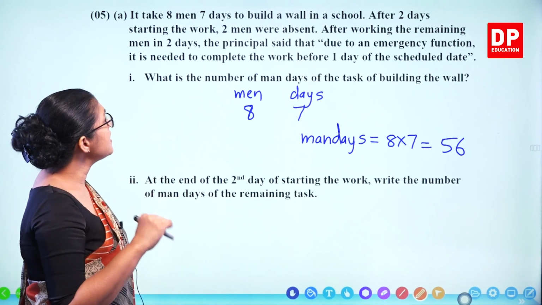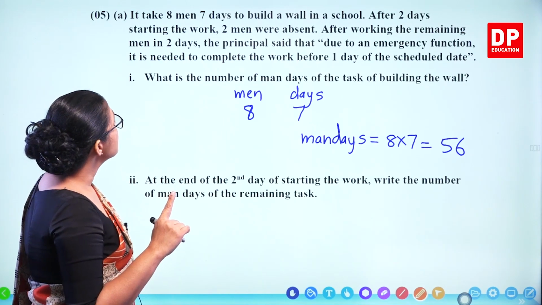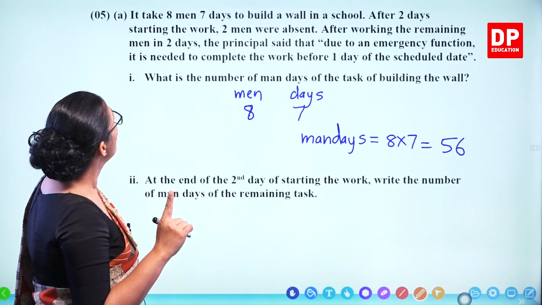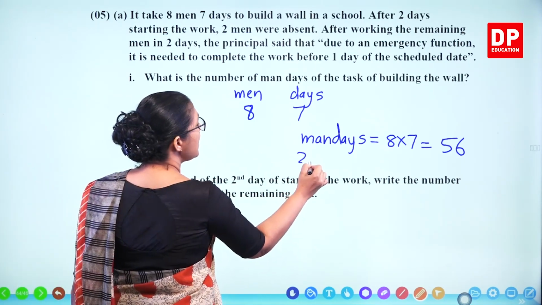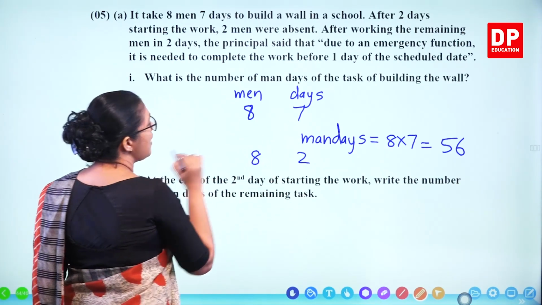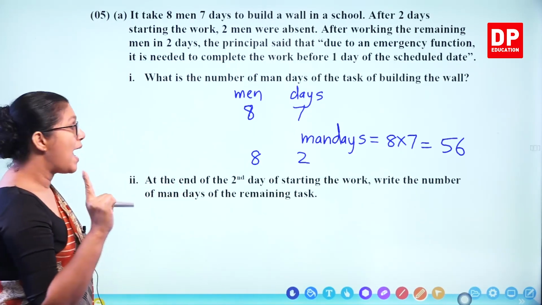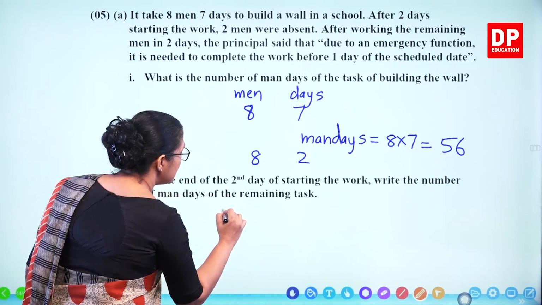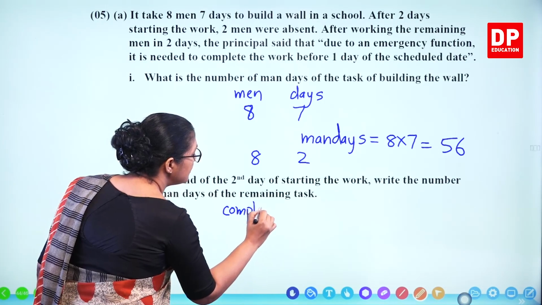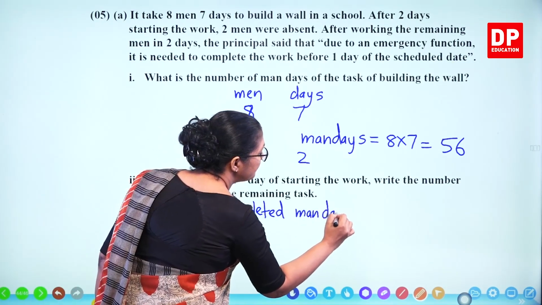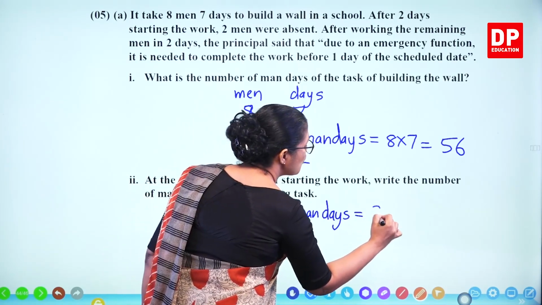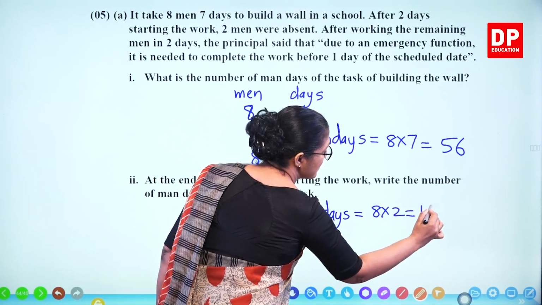because after 2 days, 8 men worked. So what are the man days completed? Completed man days, 8 times 2, 16.